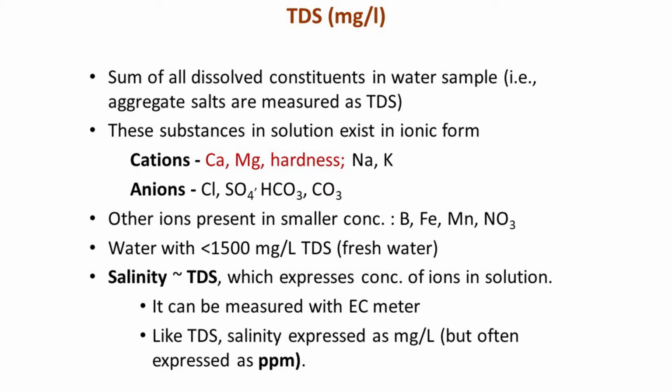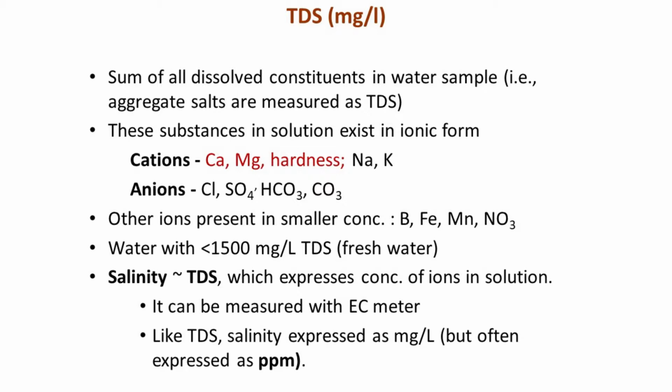The cations which are commonly present in groundwater include calcium and magnesium, and these two cations are mainly responsible for the hardness of groundwater. The other cations normally present in groundwater include sodium and potassium. The important anions which are present are chloride, sulphate, bicarbonate and carbonate.